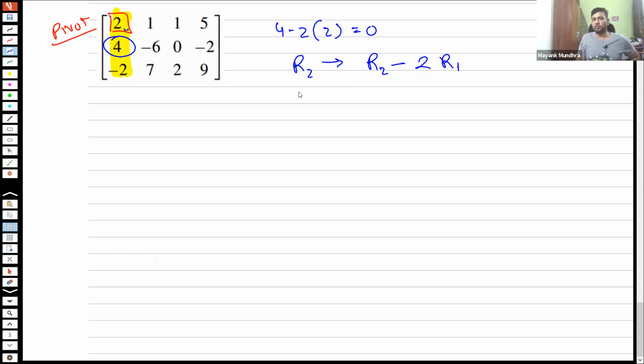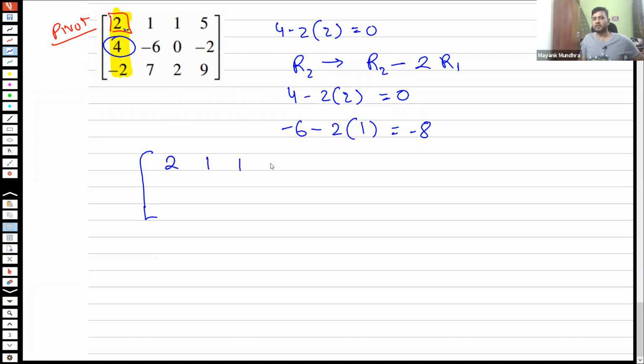Okay, so 4, say you subtract 2 times 2, which obviously gives 0 because that's how we came to this minus 2. Then minus 6, say you subtract 2 times 1, so that becomes minus 8. So let me write down the numbers. The first row remains as it is, 2, 1, 1, 5.